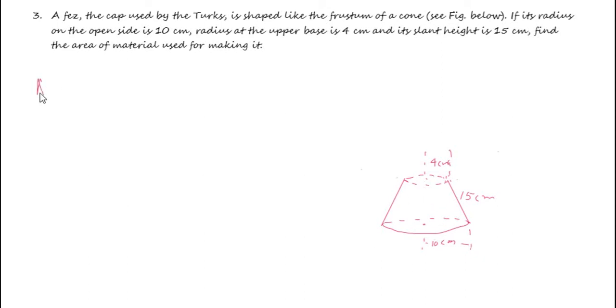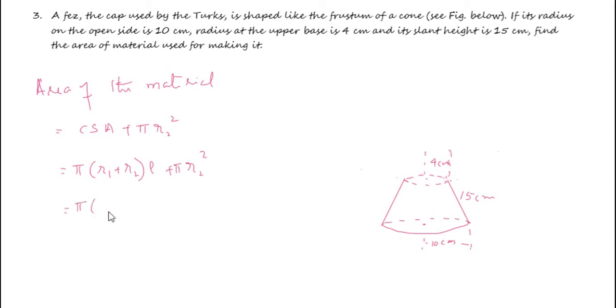So area of the material is CSA plus upper surface area, that is pi R2 square. Now CSA is pi into (R1 plus R2) into L, plus pi R2 square.